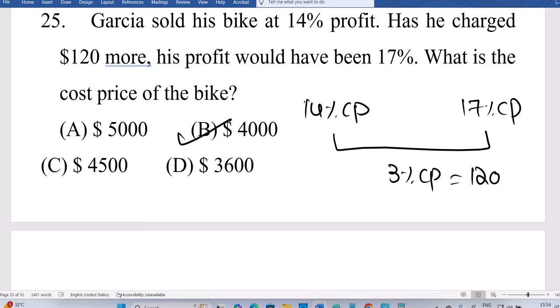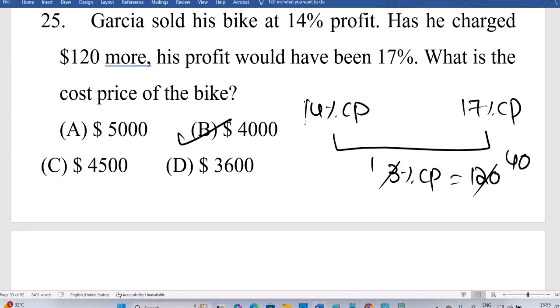They are initially with a certain loss. As the selling price is increased, they enter into profit. If it is a loss, I have to put minus. Minus 14 to 0, 0 to plus 17, we got 31%. But here both are profit, both positive, 3%. 1% is 40, cost price is 100%, so 4,000 is fine. But understand that there can be a loss and a profit also.